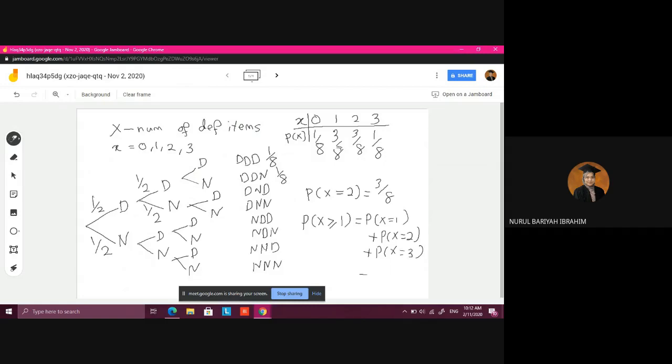So how to get all this nilai probability? Ada dalam distribution table here. So 3 over 8 plus 3 over 8 plus 1 over 8 will be 7 over 8. Okay. So that is the way how you can use the probability distribution to find the other probability, okay, according to the situation.